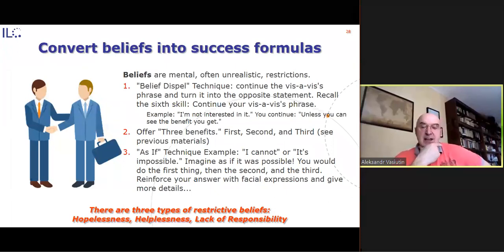There is another third method or technique of how you can turn beliefs into success. The first time this technique was presented by Konstantin Stanislavski in his book called The Work of an Actor on Himself.